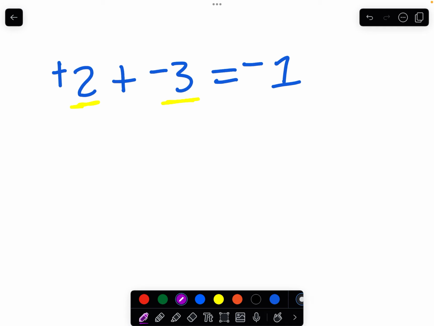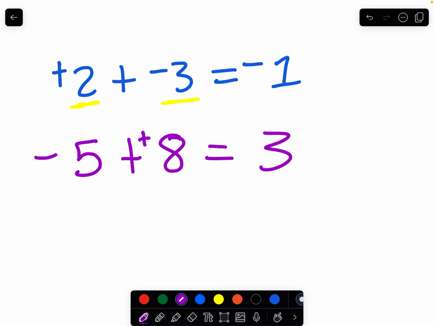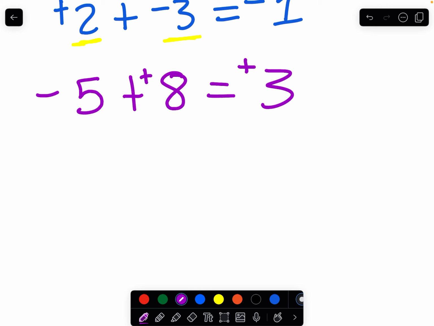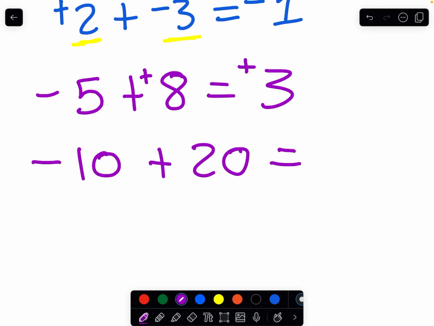Let's do negative 5 plus 8. Well, 8 minus 5 is 3. And 8 is the greater number, so we apply that sign. So the answer is positive 3. Negative 10 plus 20. 20 minus 10 is 10.